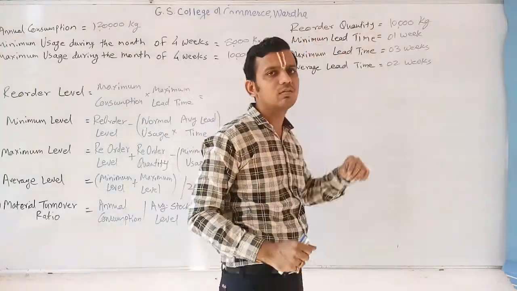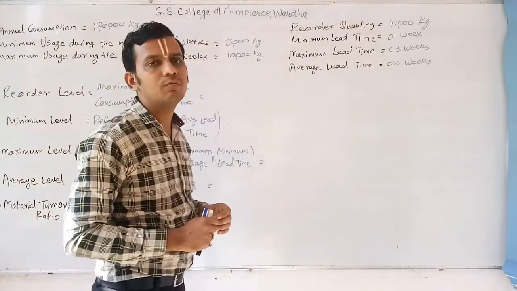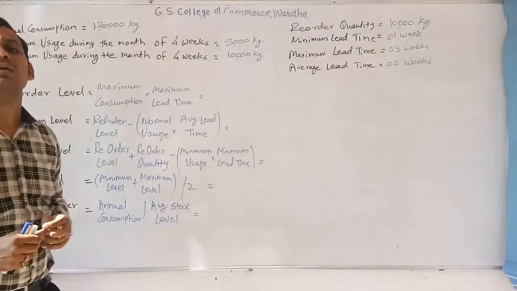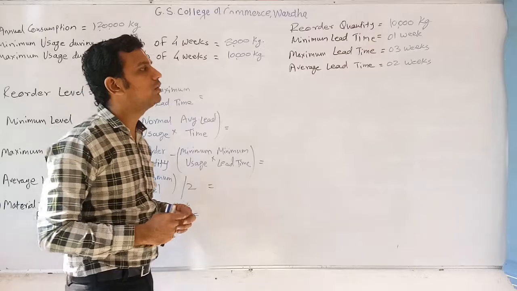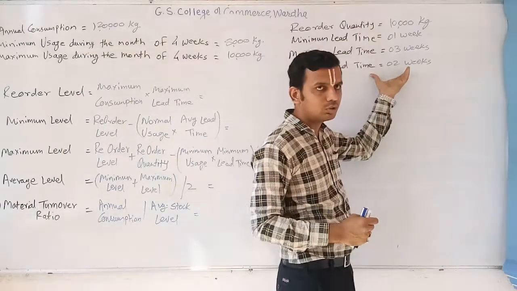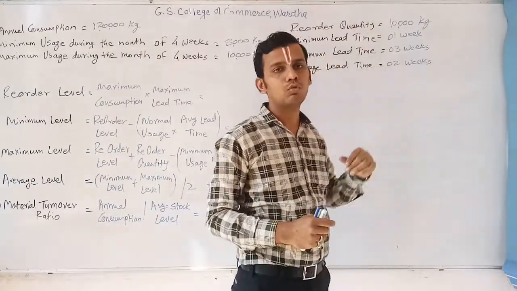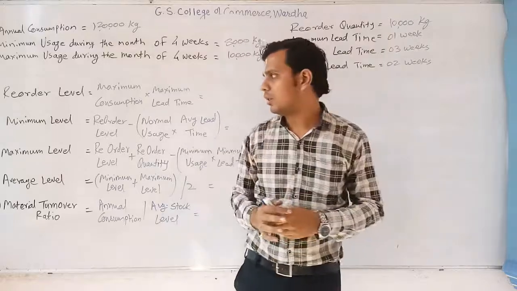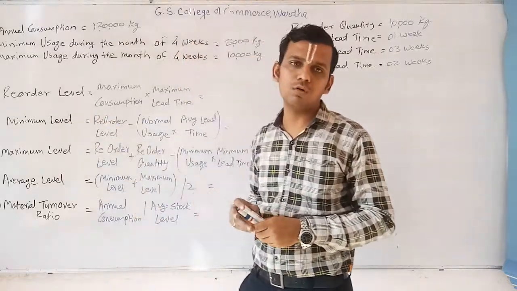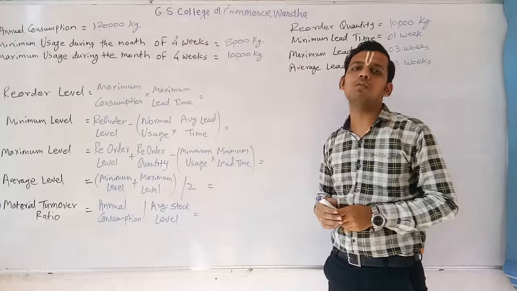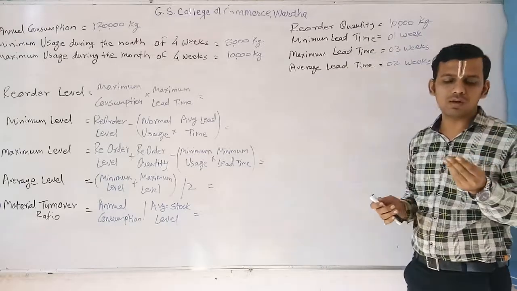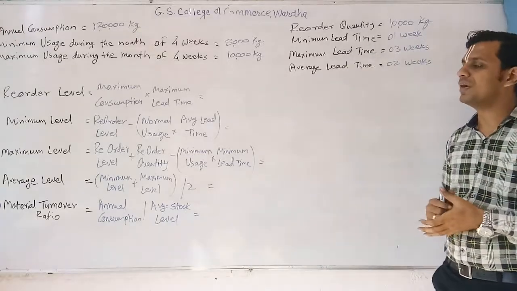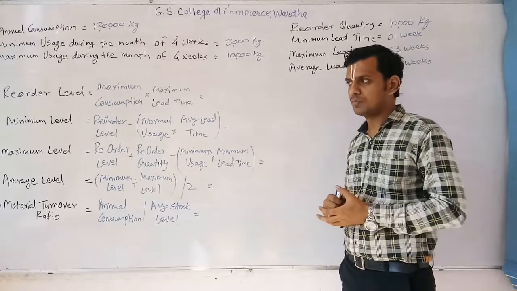Its reorder level is 10,000 kg, minimum lead time 1 week, maximum lead time 3 weeks, whereas average lead time, already provided in the given data, is 2 weeks. We are required to calculate reorder level of stock, minimum level of stock, maximum level of stock, average level of stock, and material turnover ratio.